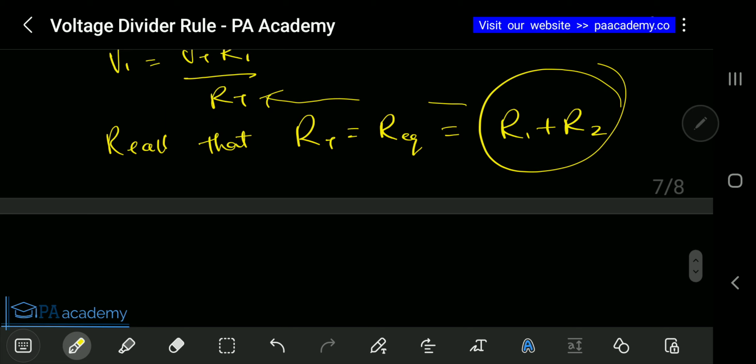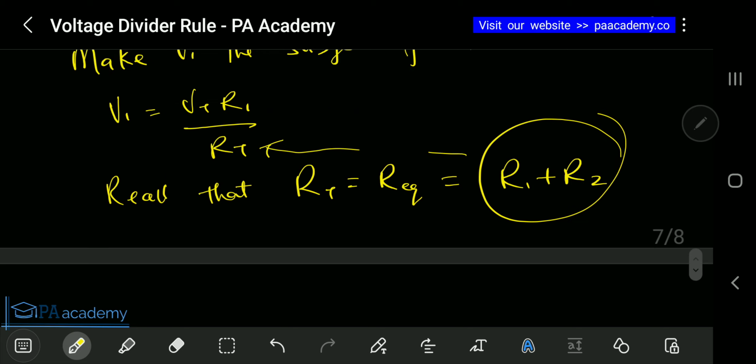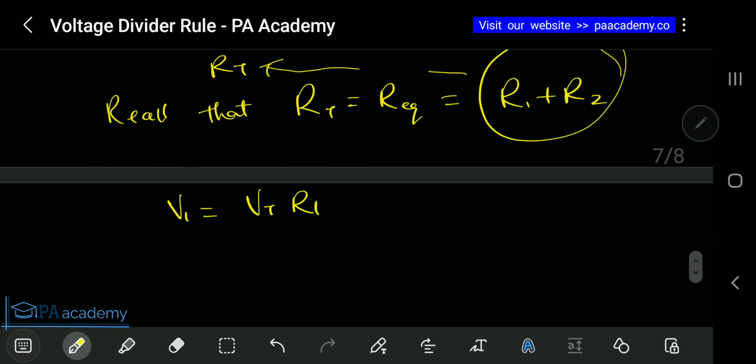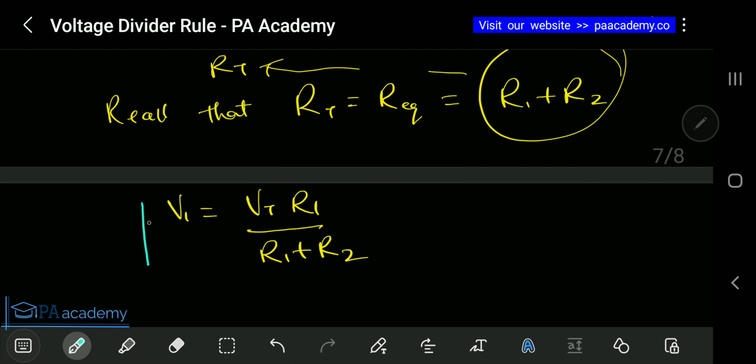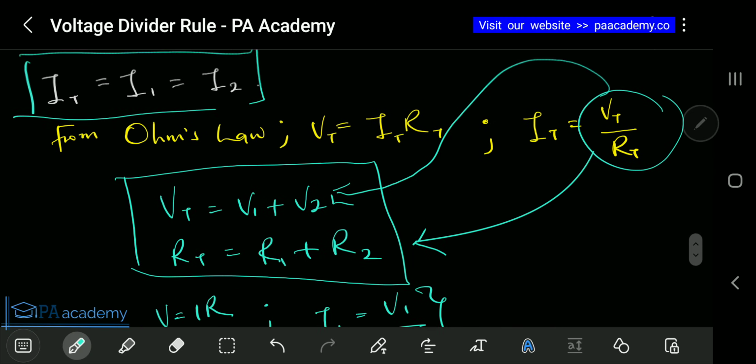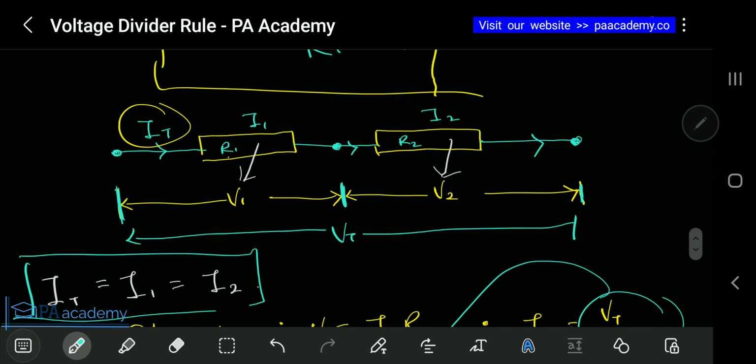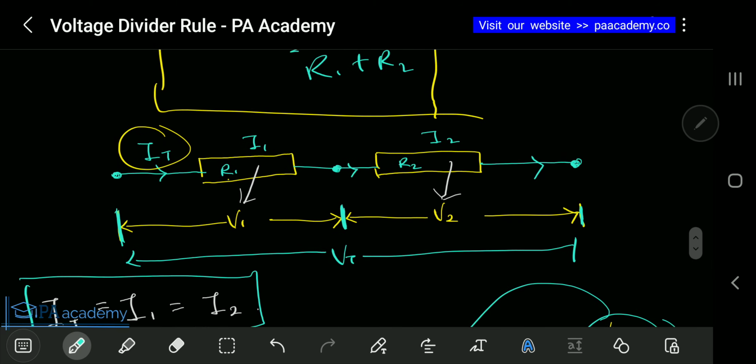That means our V1 will then be equal to Vt R1 over R1 plus R2. And this is the value of the voltage that is flowing through the resistor R1, which is why, like we said earlier, it is the voltage divider rule.